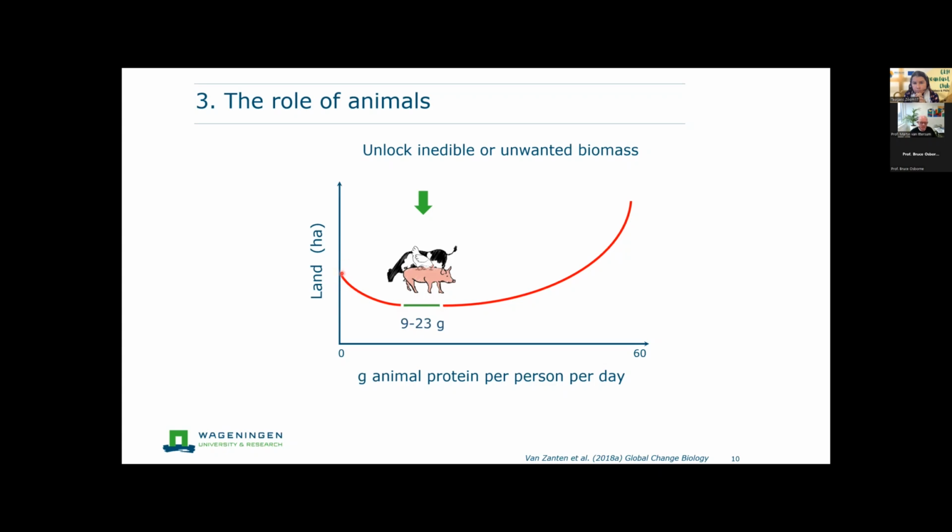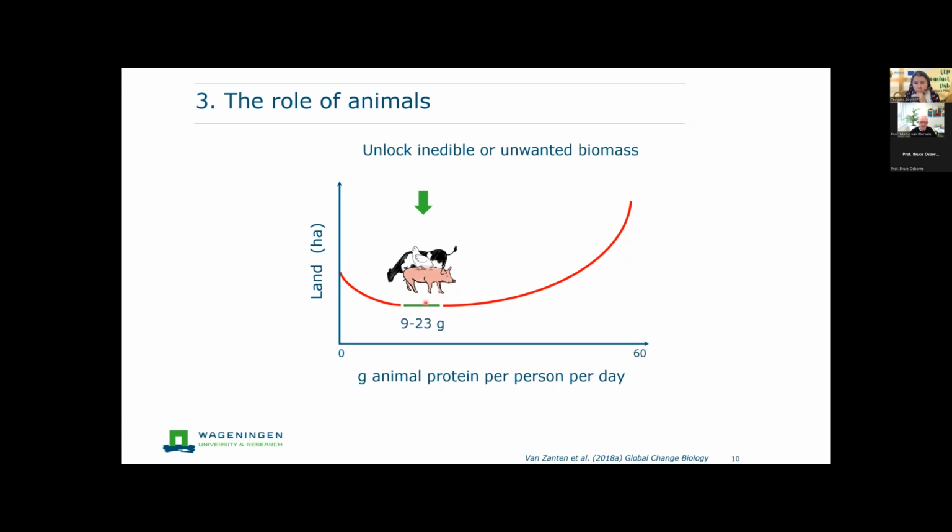At zero animal protein, what do we do with the residues? What do we do with the grass? And what do we do with other byproducts from the food system? Nothing in fact to produce food. So then we can only use it, for instance, for energy production or other purposes.